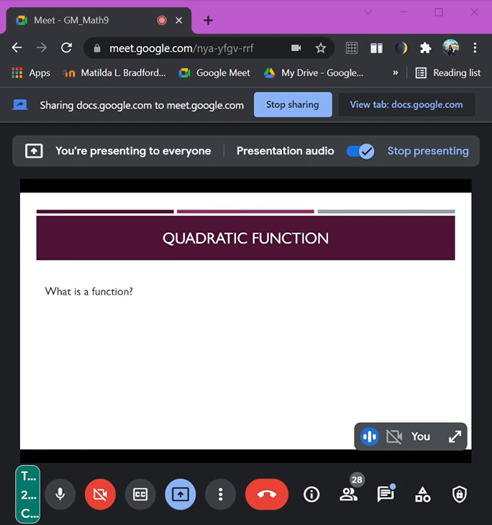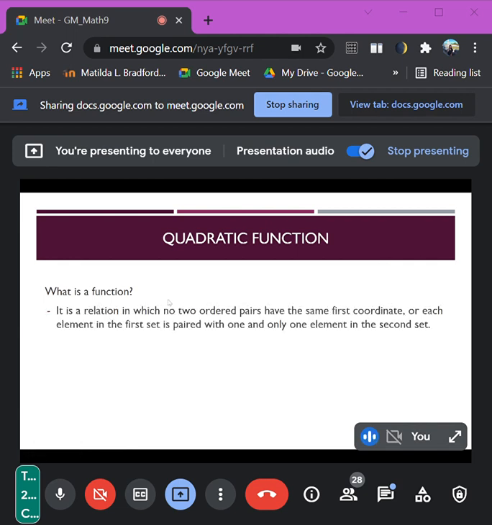Okay. So function is how it works. Somehow it's correct, but when we say function here, it is a relation in which no two ordered pairs have the same first coordinate, or each element in the first set is paired with one and only one element in the second set. So meaning to say, if it is a function, it is a relation.